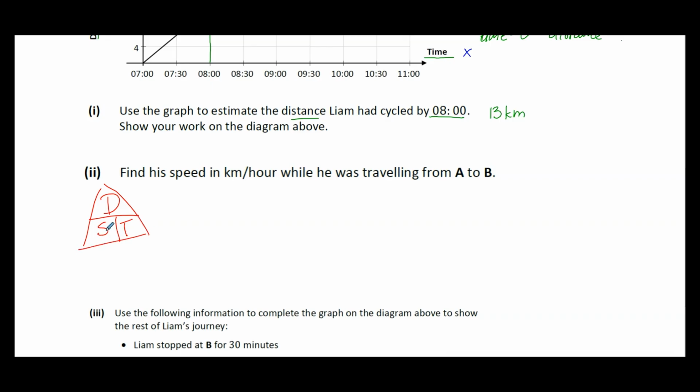When I'm looking for speed, speed will equal d, which is distance, divided by t, which is time. We have to give distance in kilometers and time in hours, so that the speed will be in kilometers per hour. So what is the distance that he traveled from A to B?